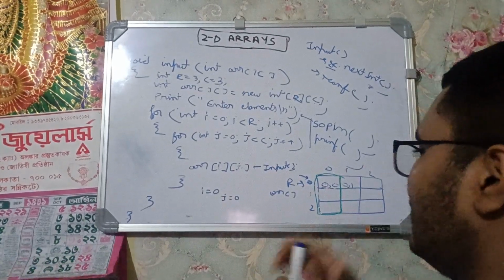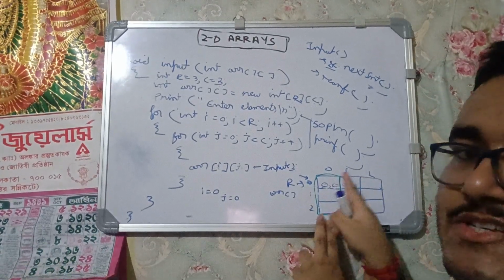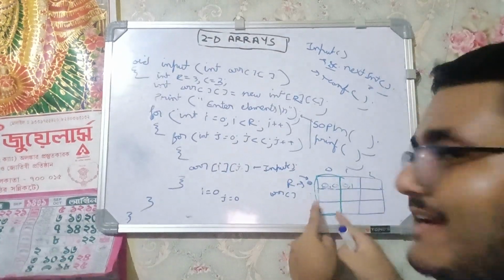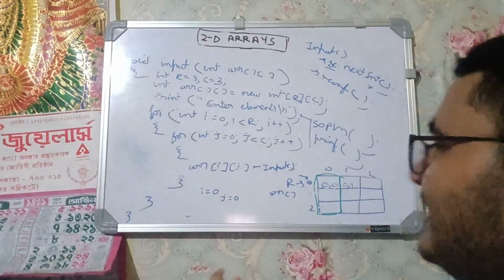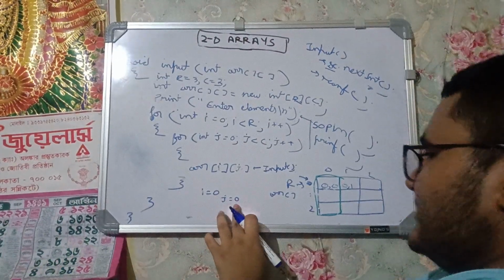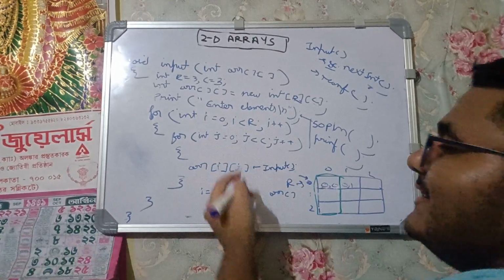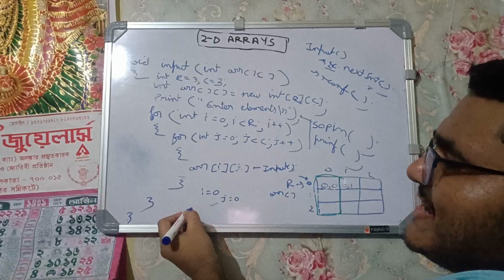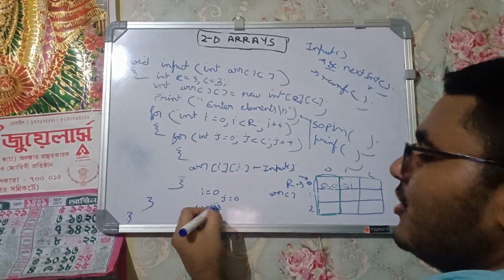So when i becomes 0, it represents the 0th index of this green array. Getting my point? And j is also 0. j represents the index of these arrays. That means basically you can say j represents the columns, the indexes of the columns.